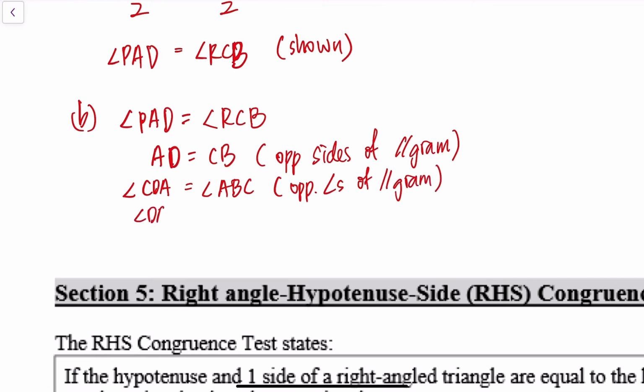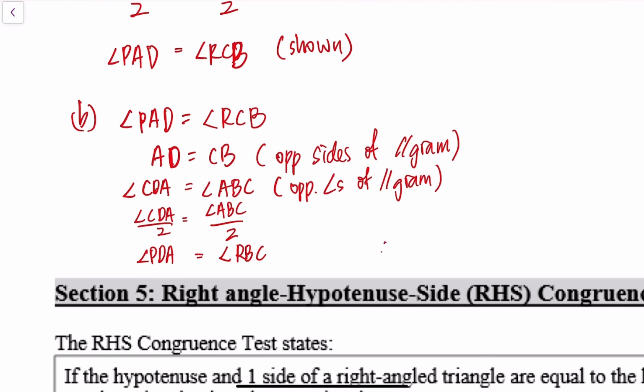And CDA divided by 2 is equal to ABC divided by 2, which will then give us the angle that we need. Angle PDA is going to be equal to angle RBC.